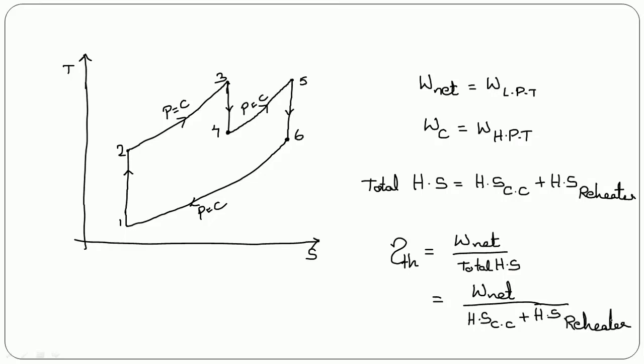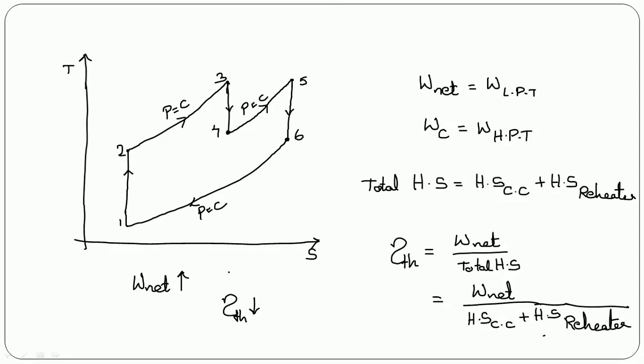Now try to understand here, dear students, carefully, that even though there is an increase in the net power output, the thermal efficiency in this case also decreases because of additional heat supplied in the reheater.